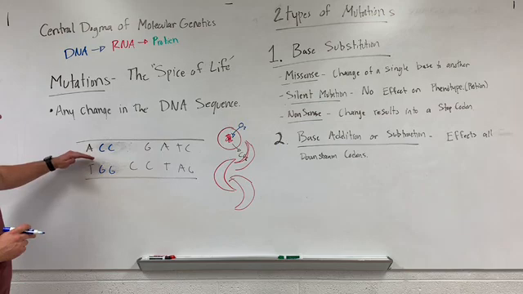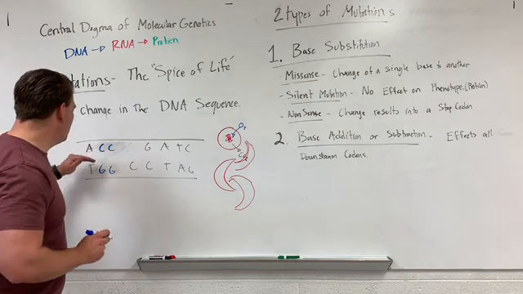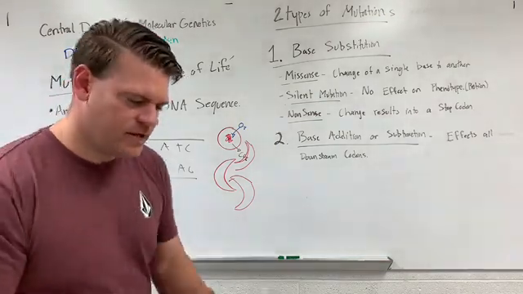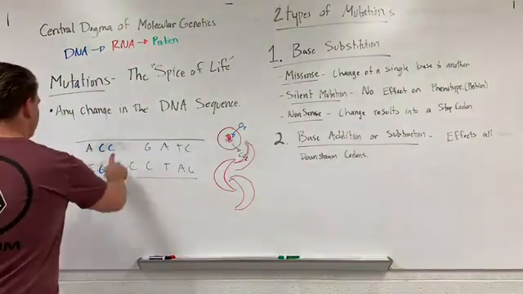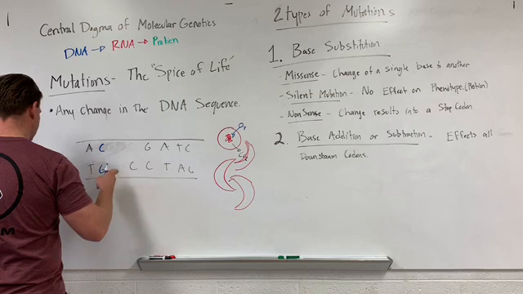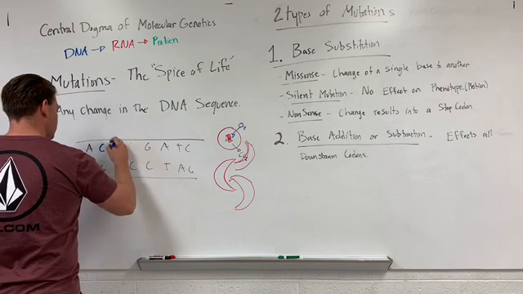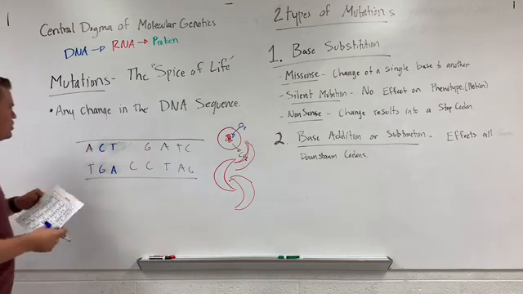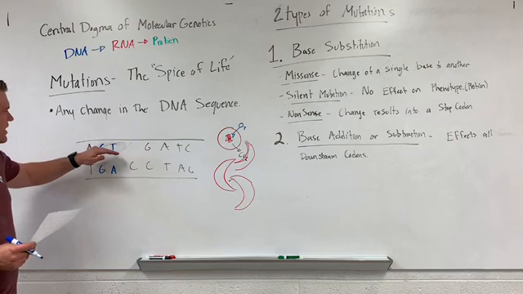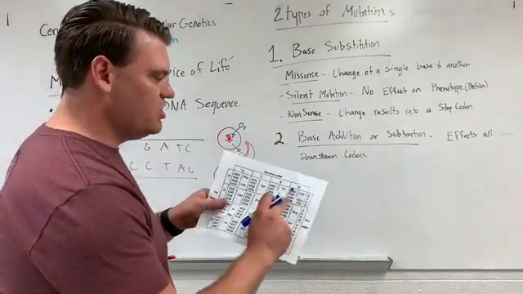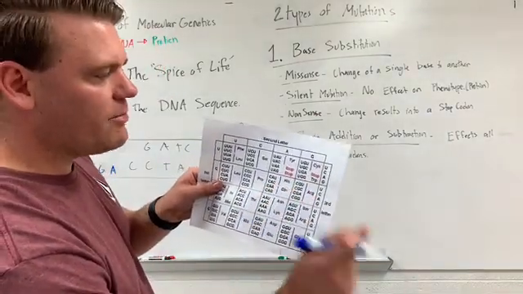Now instead of this coding for UUU, it now codes for UGG. And if we see, oh, not UGG, I meant the wrong one. So these two get changed. So now instead of being UUU, it's UGA. And we see UGA now is a stop codon.